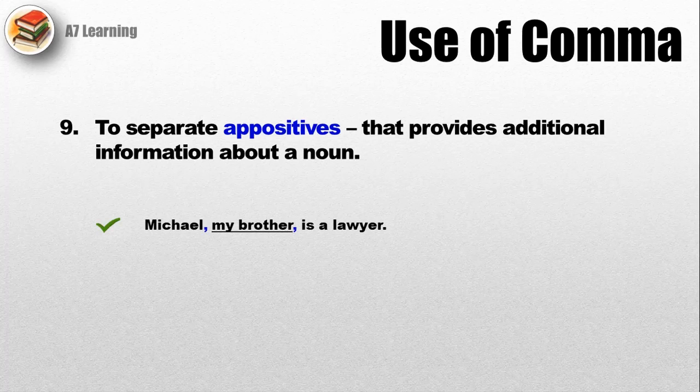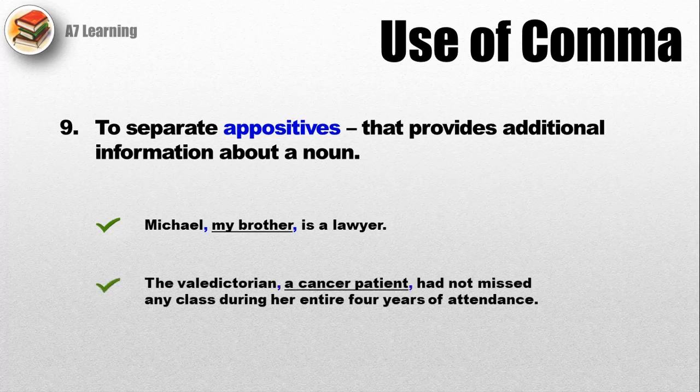So here the appositive is the part of the sentence that says my brother, because this is telling us additional information about who Michael is. The second example: the valedictorian, a cancer patient, had not missed any class during her entire 4 years of attendance. So again, a cancer patient is telling us more information about who the valedictorian is. And so in both of those instances, that information gets offset by commas.